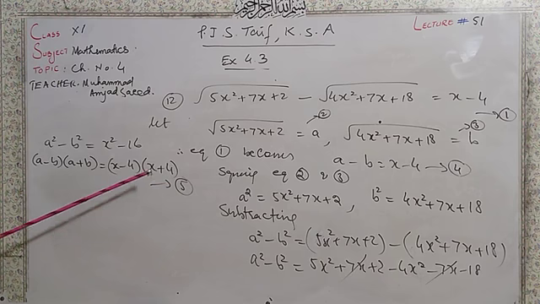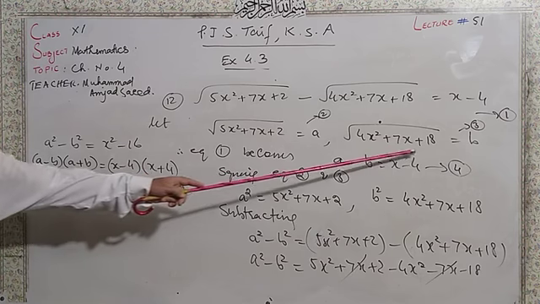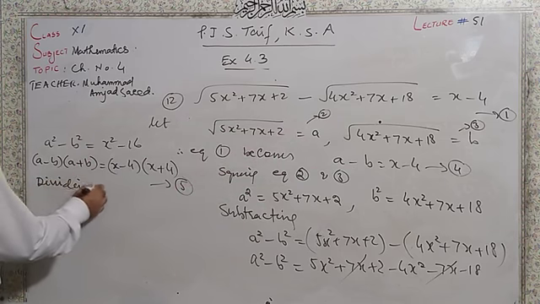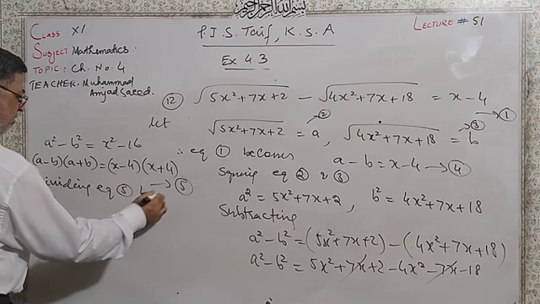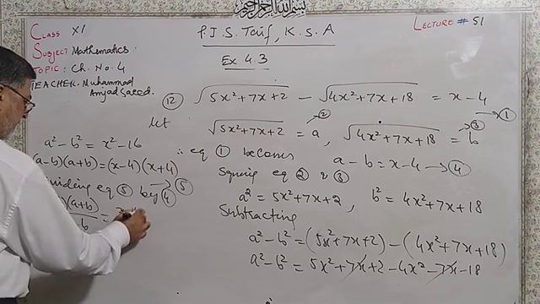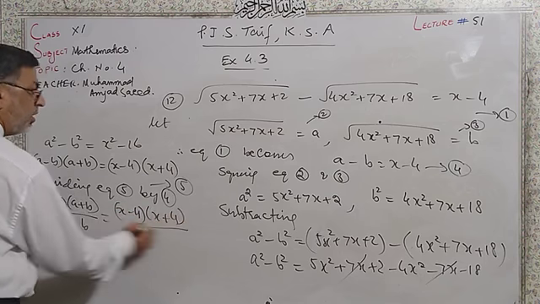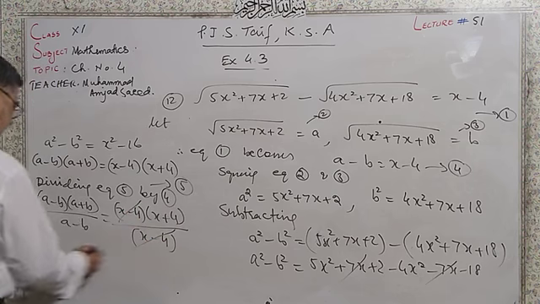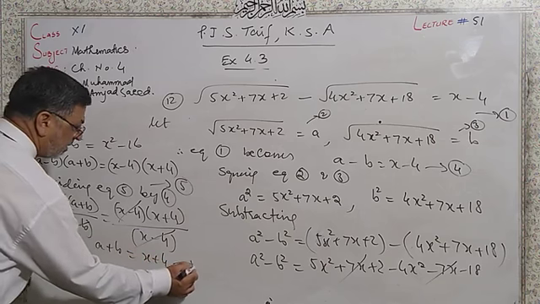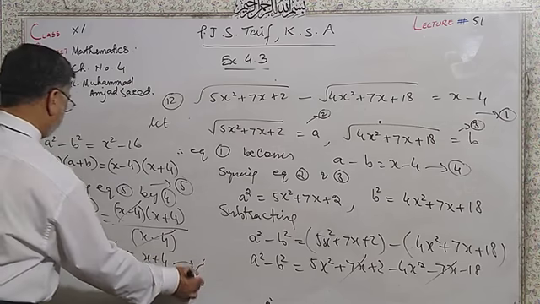Dear students, dividing equation 5 by 4, left divided by left and right divided by right. So a minus b into a plus b over a minus b, x minus 4 into x plus 4 over x minus 4. They are cancelled out and we are left with a plus b is equal to x plus 4. This is equation number 6.